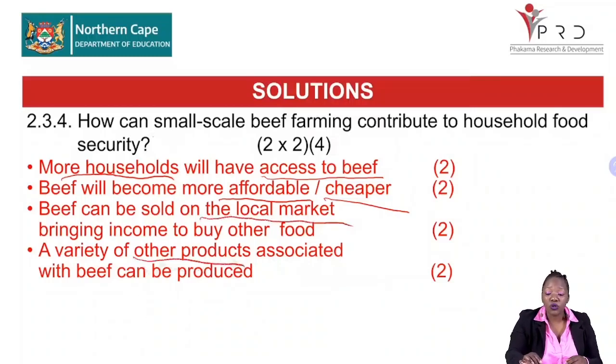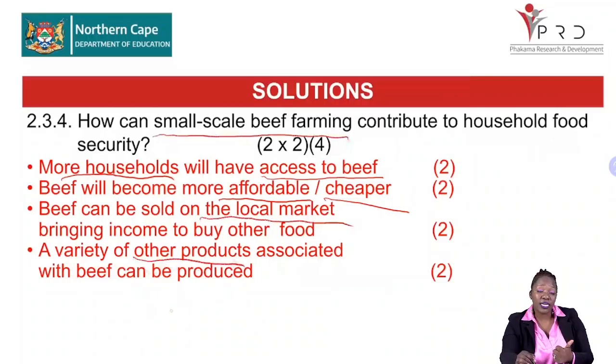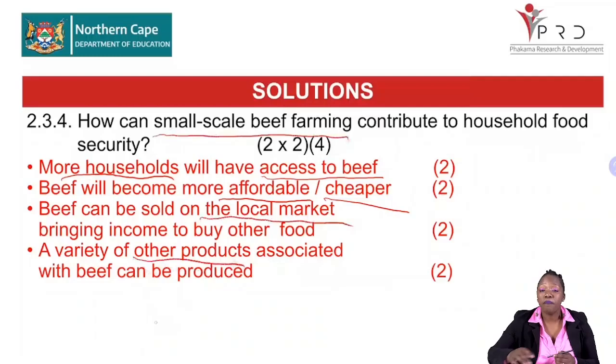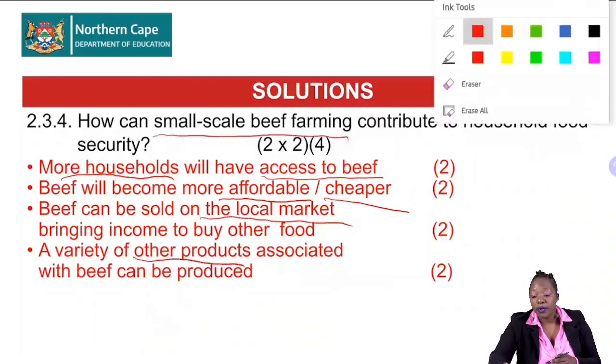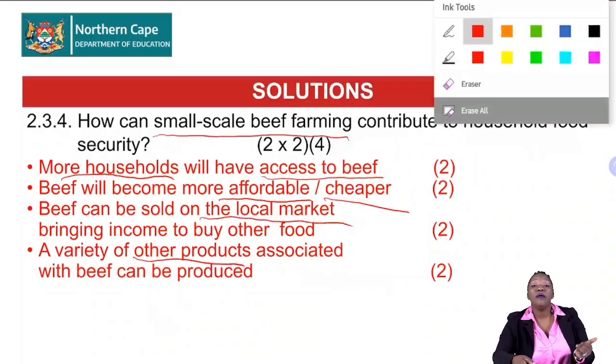If it's done in small-scale beef farming, it will have a positive impact on our households in terms of food security, which means everyone will be able to access beef and live a healthy life because of the protein we find in beef. Then remember, you will also have other questions that are your 3x2 or paragraph questions. But for now, we are only focusing on the short and medium questions.